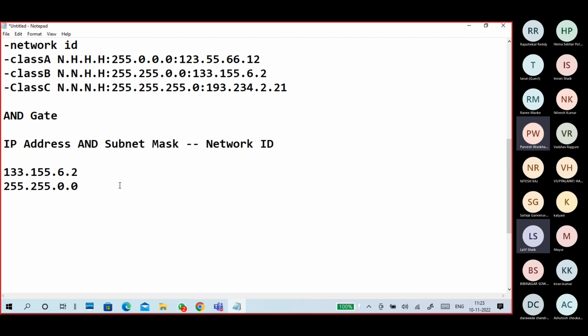You have to convert this entire number into binary, and this entire number into binary. Once you have converted, then do the AND operation. Then you will get an answer like this. I'm not showing it, it will take another half day.